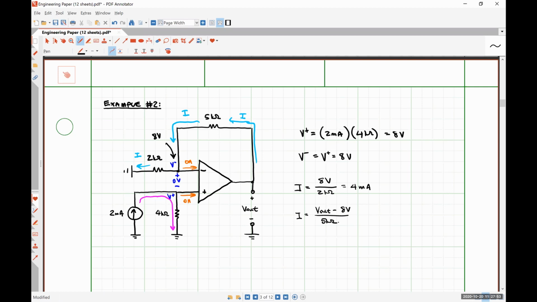And if we rearrange this second expression, what we'll find is that I, which is 4 milliamps, times 5 kiloohms plus 8 volts is exactly equal to V out. And thus, V out is equal to, let's see, 20 plus 8 is 28 volts.